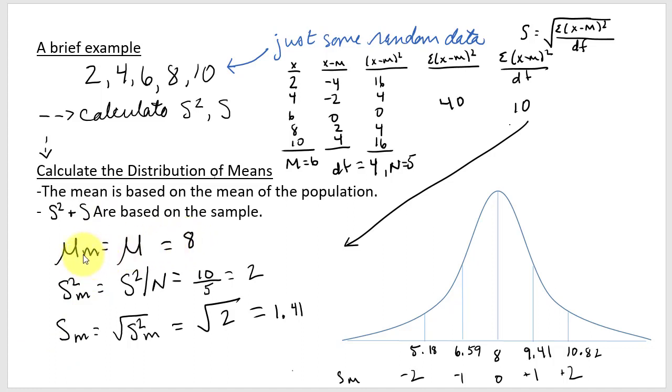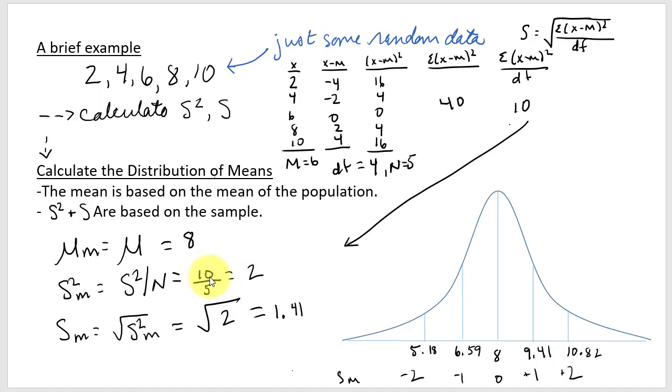That means the mean of the distribution of means is going to be 8 as well, because the mean of the distribution of means is equal to the mean of the population. The unbiased estimate of the population variance of the distribution of means is equal to the unbiased estimate of the population variance divided by n. Please don't get confused. When you're doing a distribution of means, you don't use degrees of freedom. You divide by the number in the sample. That equals 10 over 5, and that equals 2.